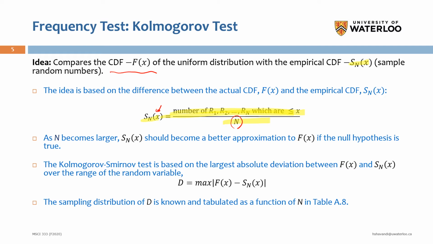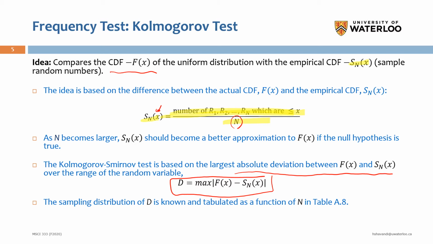And then we consider the largest absolute deviation between F(x) and SN(x), so as you see here, we consider the maximum absolute deviation.